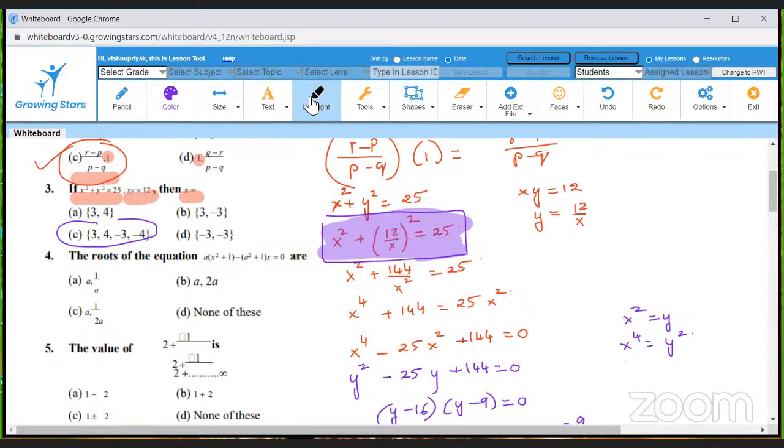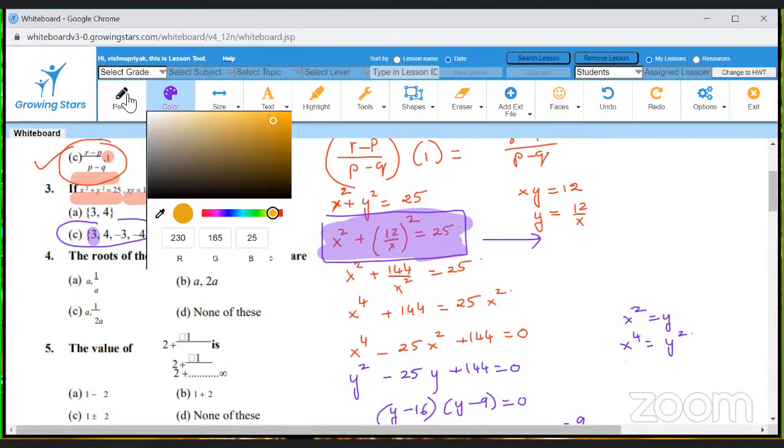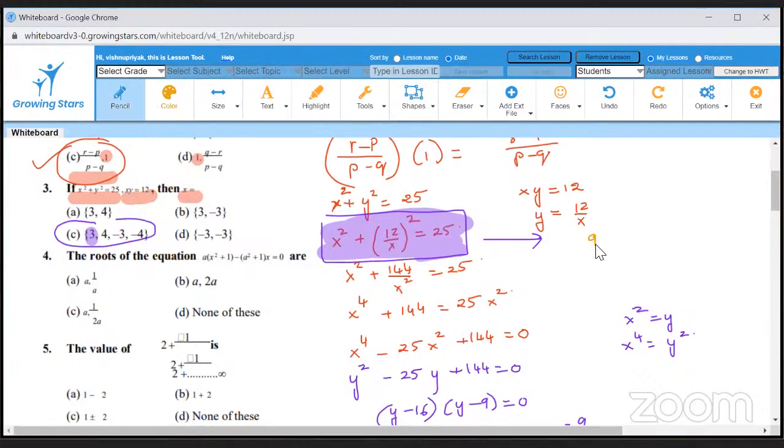Like, put x equal to 3. What will you have when you put x as 3 in this? 3 square is 9 plus 12 by 3 is 4, 4 square is 16.